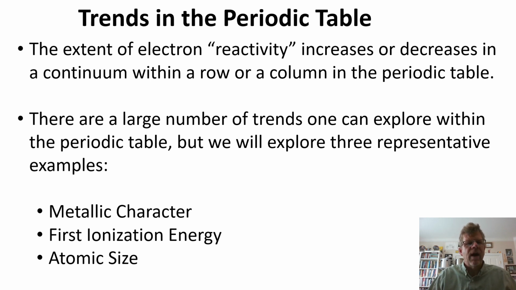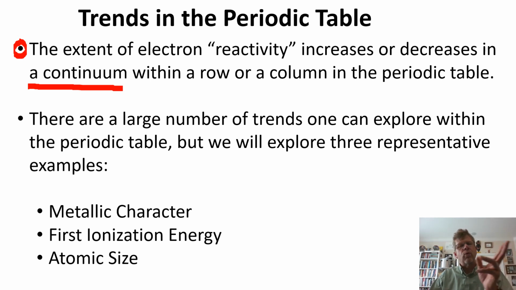If we think about the reactivity of elements, which is all based upon electrons, we find that it's not a staggered, regimented approach, but rather a continuum. It increases or decreases within a row or within a column on the periodic table.